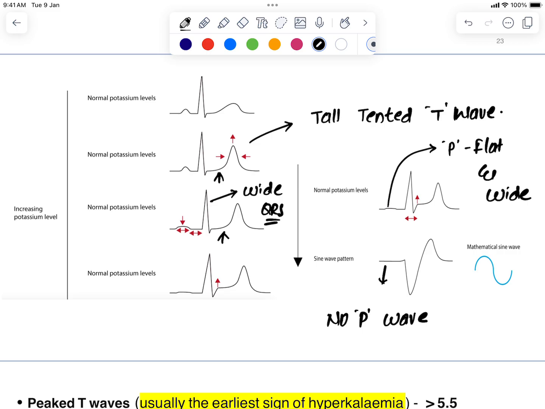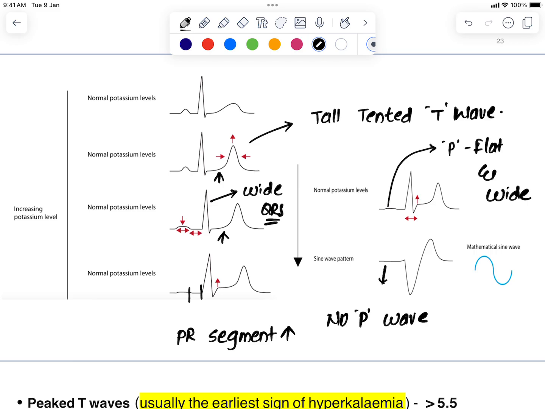The PR segment is from the end of the P wave to the starting of the R wave. That is called PR segment. So the PR segment widens. Okay. So these will be the ECG changes that you will have in patients with the hyperkalemia, right?